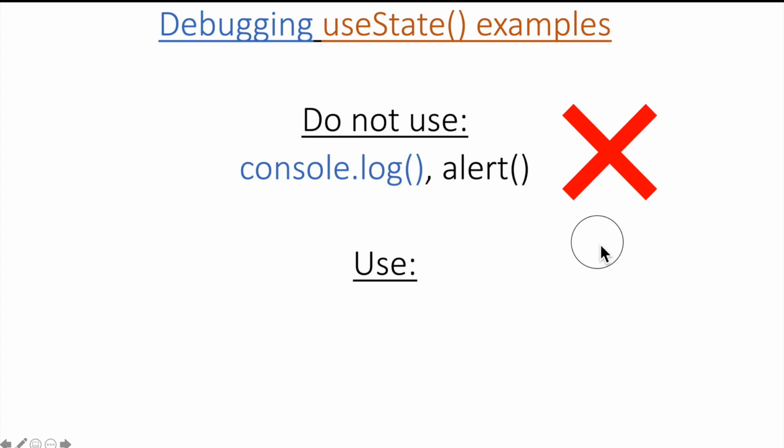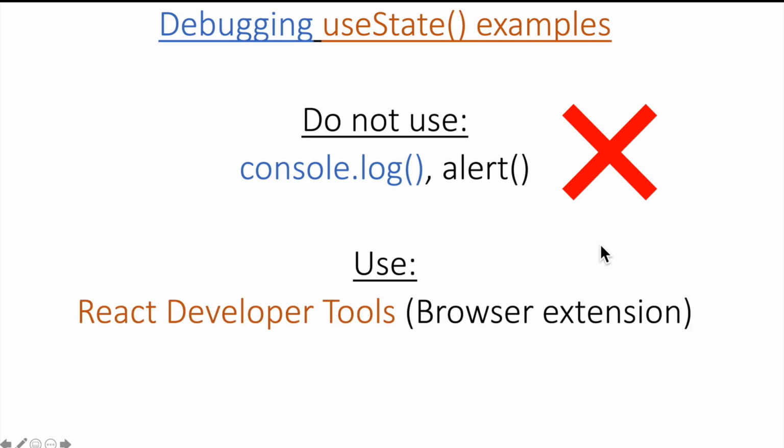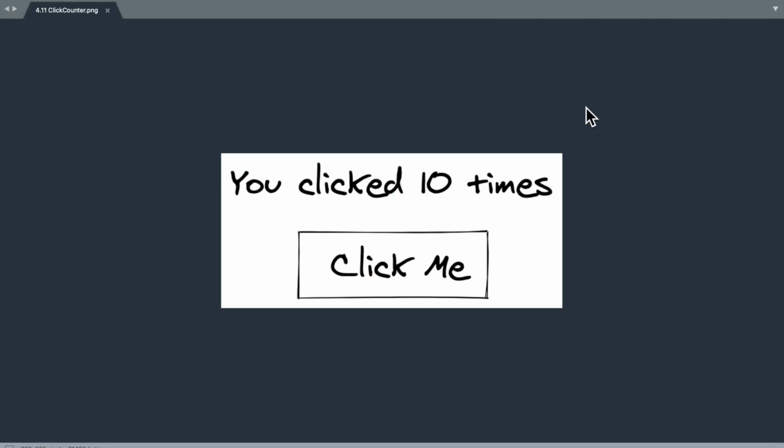And it is better to use React Developer Tools, the browser extension. If you have not installed this browser extension, please do so now. We will discuss why we should not use console.log or alert statements with useState code when we discuss useEffect React hook.